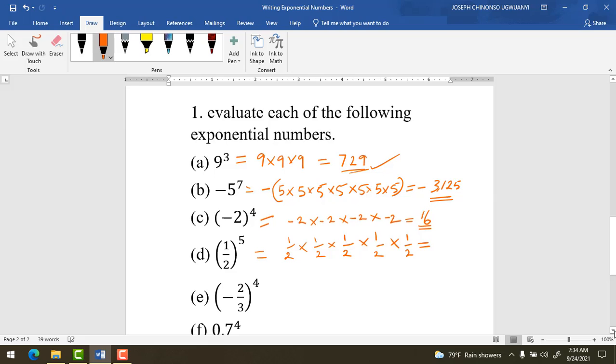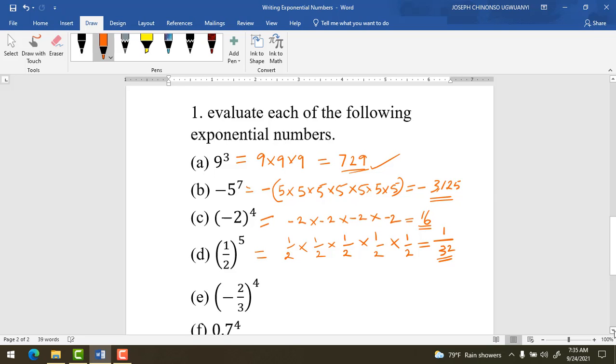Here 1 times 1 times 1, everything will always give you 1. 2 by 2, 4 by 2, 8 by 2, 16 by 2, 32. So I have 32. That is our answer.